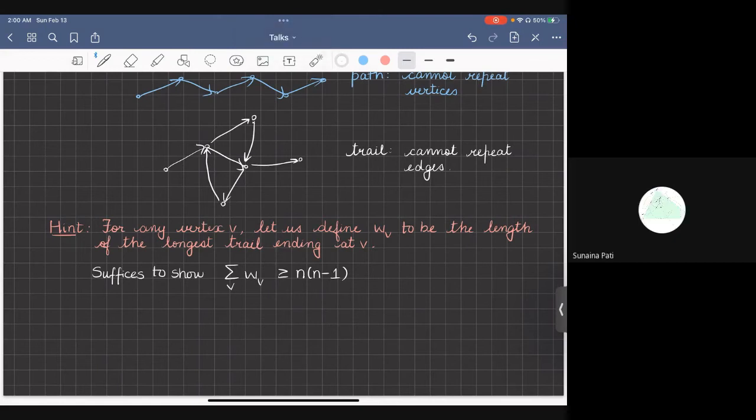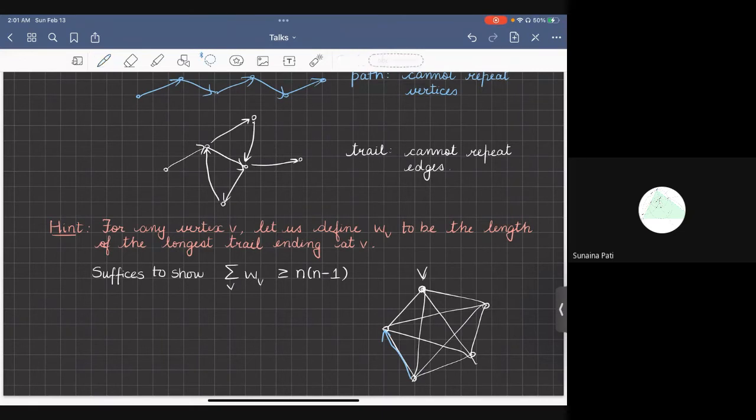I really didn't get the definition of w of v. Okay, we're defining it to be the length of the longest trail that ends at that vertex. Let's say we have some sort of a complete graph, and we have some labels, whatever, 1 through 10, and consider this vertex v.